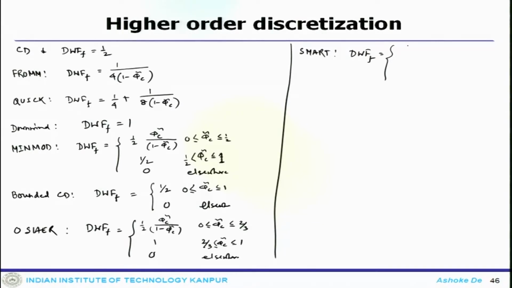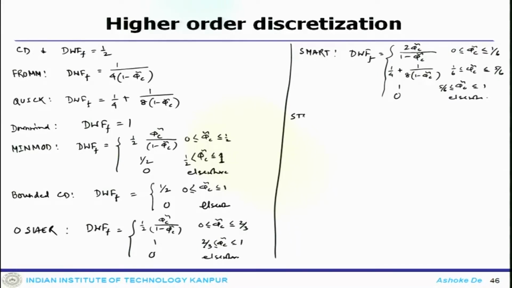One is 2 phi c tilde into 1 minus phi c tilde, which is the case when phi c tilde lies between 0 and 1 by 6. Then it is 1 by 4 plus 1 by 8 into 1 minus phi c tilde, up to 5 by 6, then 1 when it lies above 5 by 6, and 0 elsewhere.